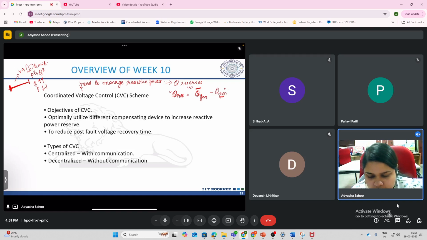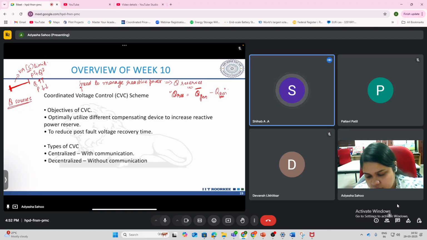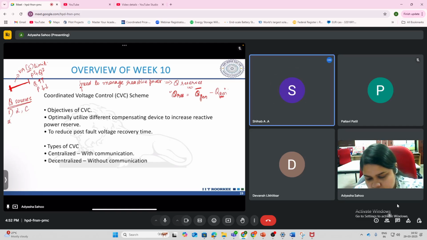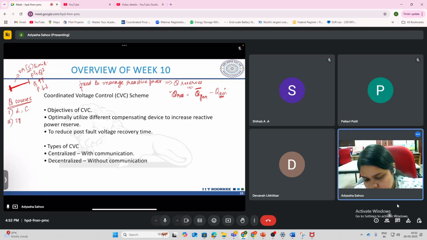Now, what are the various reactive power sources in the system? Can you name various reactive power sources in our system? Yes, inductors and capacitors, synchronous generator, yes.